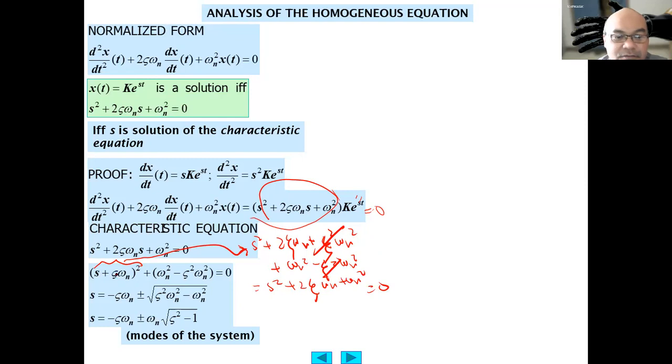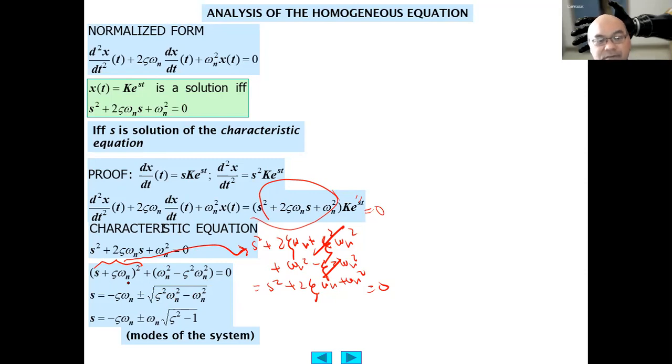So from here, this can be further simplified. The (s plus zeta omega n)² equals, moving the other term to the right hand side, zeta² omega n² minus omega n².